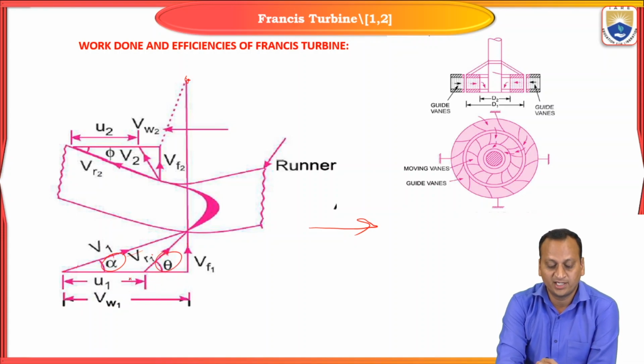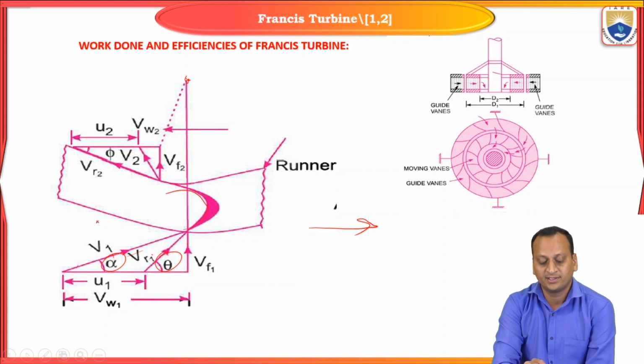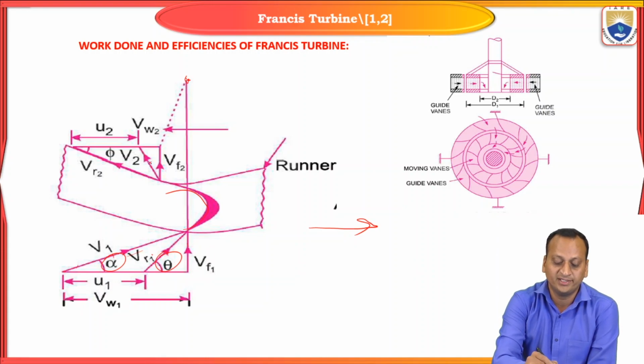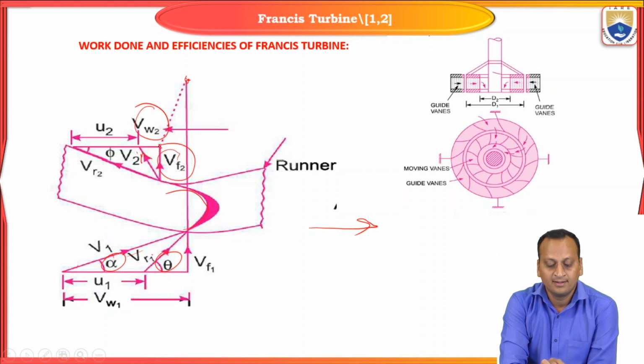Similarly, there are various parameters at the outlet velocity triangle. After flowing over the inner surface of the blade, the velocity decreases, therefore V2 will be here. You can resolve V2 into two components, Vw2 and Vf2. The horizontal component is the whirl velocity.